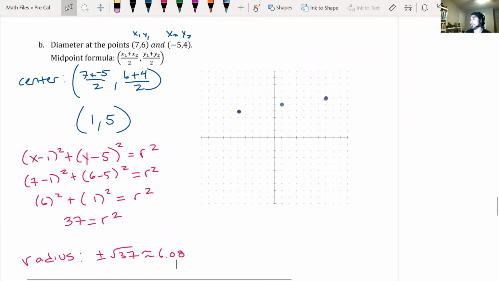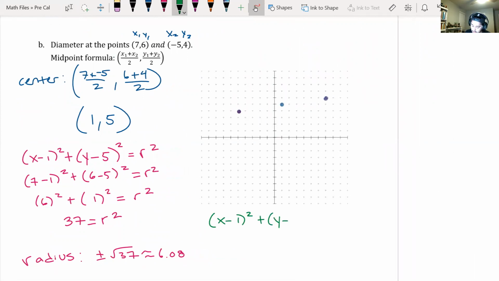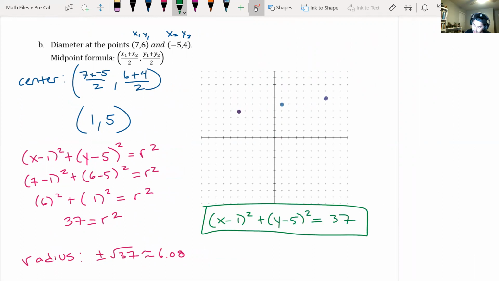And I guess we need to complete the standard form as well, so let's do that first. The final form would be x minus 1 squared plus y minus 5 squared equals 37. There's our standard form. Now finish your circle. For the radius, I just go down 6, 1, 2, 3, 4, 5, 6, and then some.